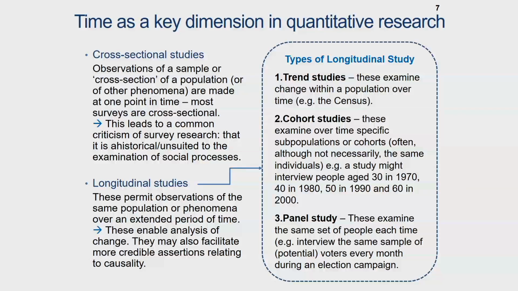So, we can broadly divide survey research methods application into cross sectional studies and longitudinal studies. Cross sectional studies are basically a point in time study. You are carrying out a study at a point in time, whereas longitudinal studies take place over a period of time.